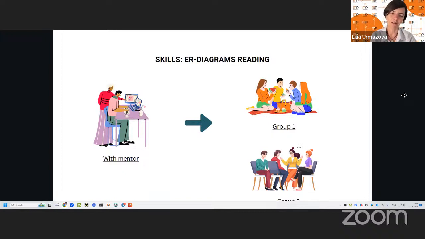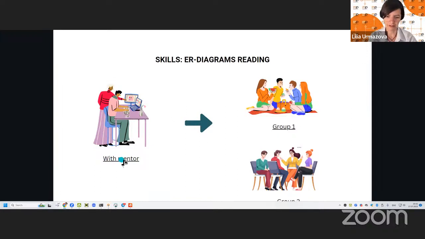Then you will be divided into 2 groups. We have only 5 people today, so 2 people in one group and 3 people in another one. Pair and group, and each will try to understand the diagram. Then we will be back here in the main room and discuss the results from each group together. So this is the plan for the rest of today's lesson.